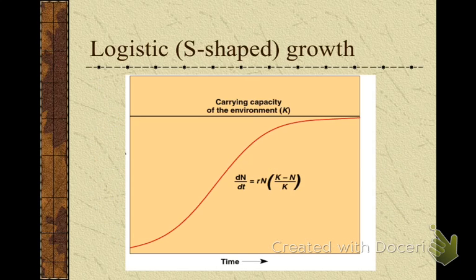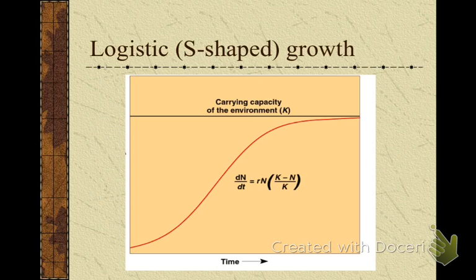You'll go above your carrying capacity. Do you think you can survive above your carrying capacity? No. So what's going to happen to some organisms? They're going to die. Then you'll take a dip down below the carrying capacity, and then eventually go up above. So you're going to really hover around that carrying capacity.